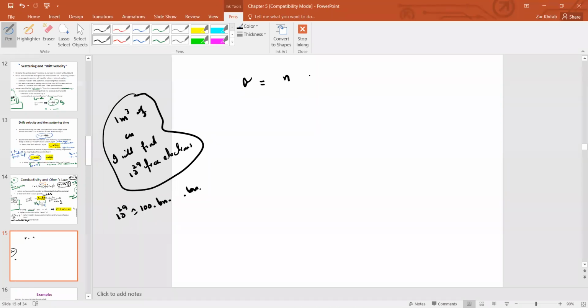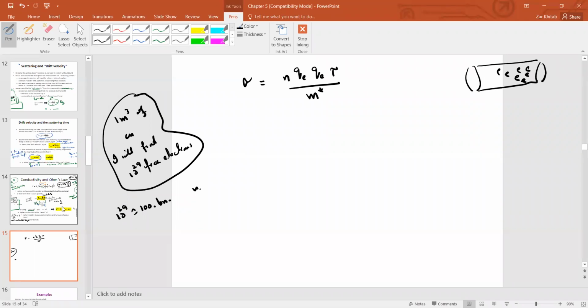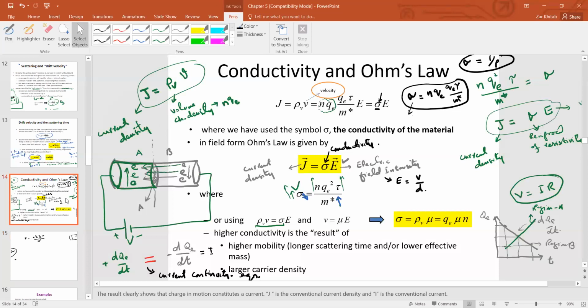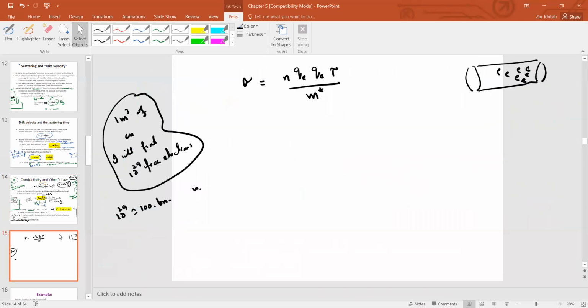So it's a huge quantity. So in a certain conductor, the number of free charges, the charge on one electron, Qe, and the scattering time divided by the effective mass of the electron. This parameter is called conductivity.